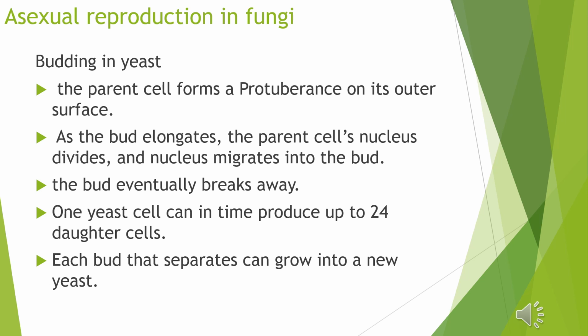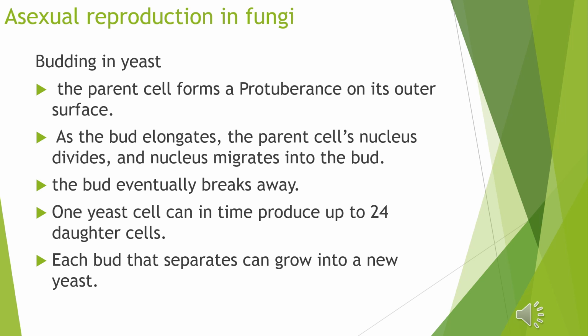Budding in yeast. The parent cell forms a bud, which is also known as a protuberance. The bud forms on the outer surface of the parent cell. Then the bud extends to divide the nucleus. Then the divided nucleus migrates to the bud, or daughter cell.